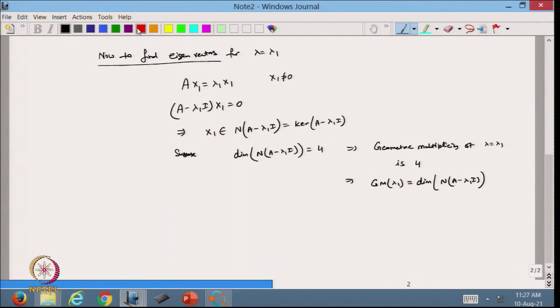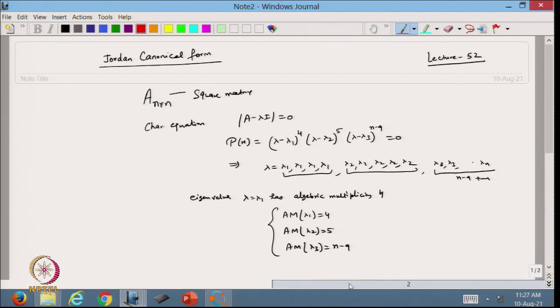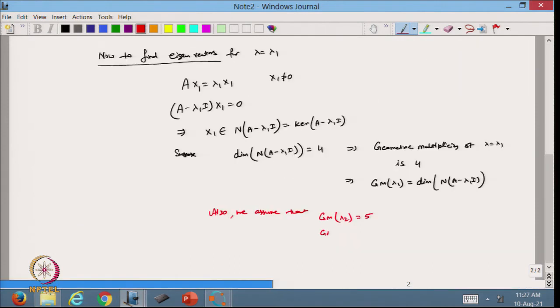We also assume that the geometric multiplicity of lambda 2 is the same as the algebraic multiplicity, that is 5, and the geometric multiplicity of lambda 3 is also the same as n minus 9.